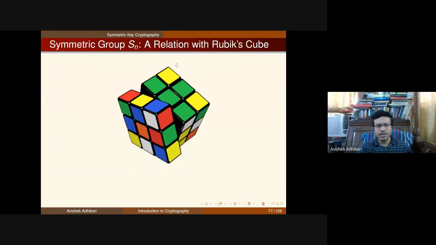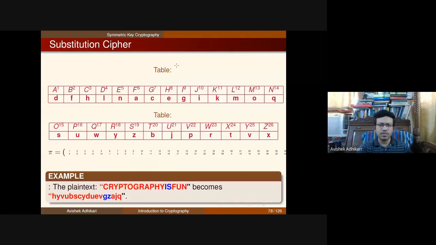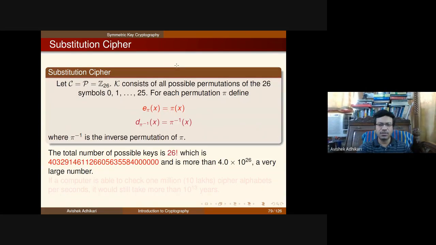Then we extended our scheme by using the symmetric group or the permutation group, giving another scheme known as the substitution cipher. In the substitution cipher, the key space was significantly large, of size 26 factorial. So it's a huge number.